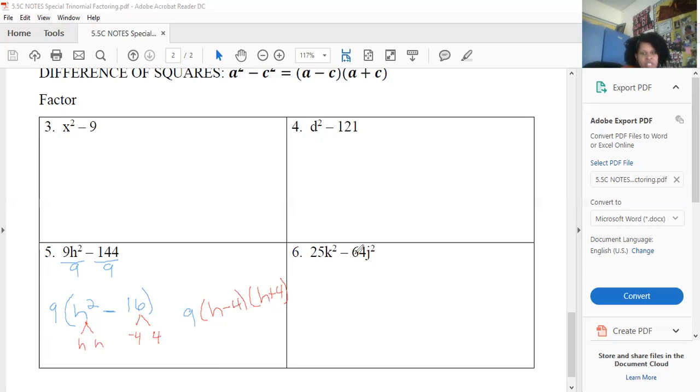All right, 25 and 64 do not have anything in common that goes evenly into both of them. So I'm just going to break these down. 25k squared breaks down into... I'm sorry, not 25k. It's a Friday, you guys.